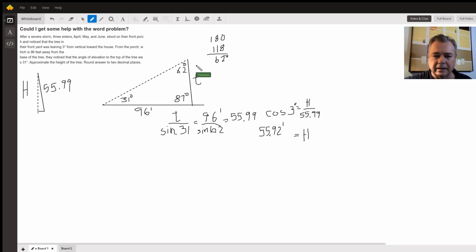So that is the new height of the tree after the storm.